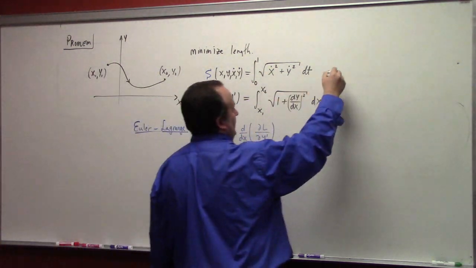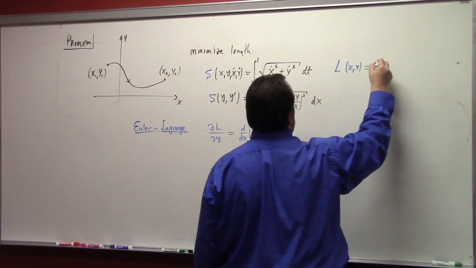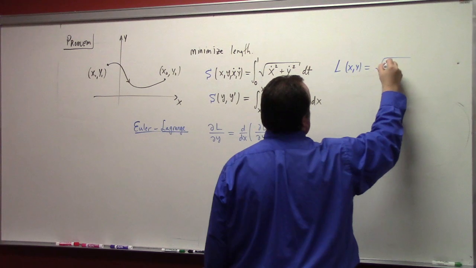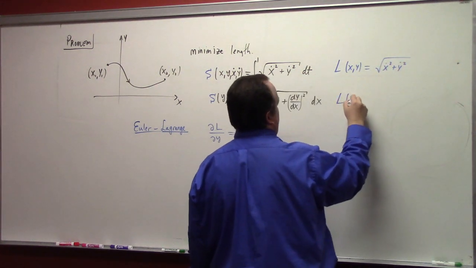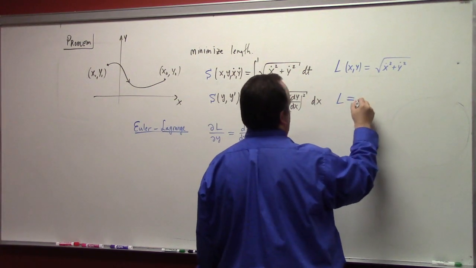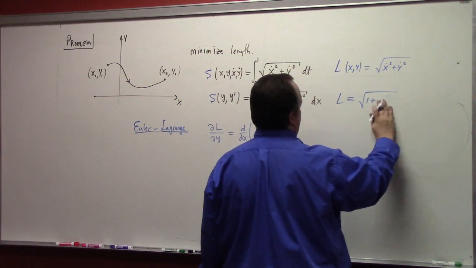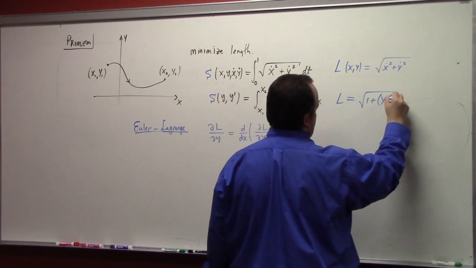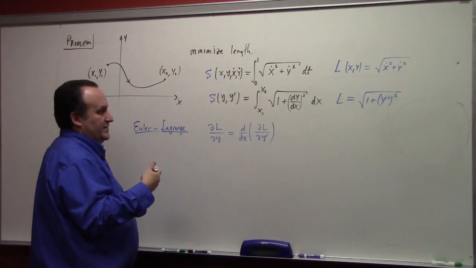So like here, my Lagrangian of x and y is actually just the square root of x dot squared plus y dot squared. And over here, L of y is equal to the square root of 1 plus, I would be better to say y prime squared here, okay? Just to make what I'm about to write more coherent.